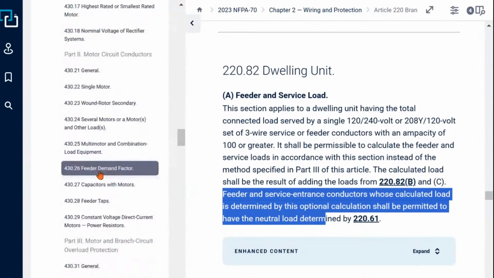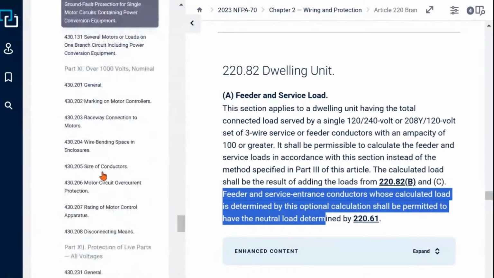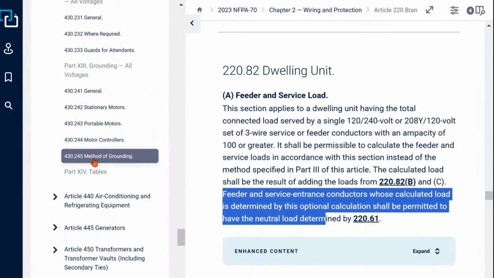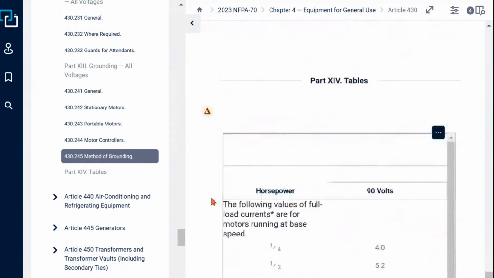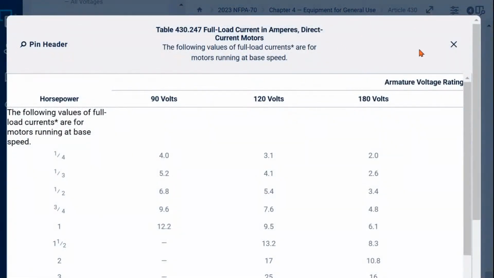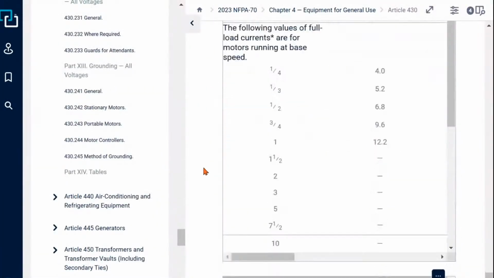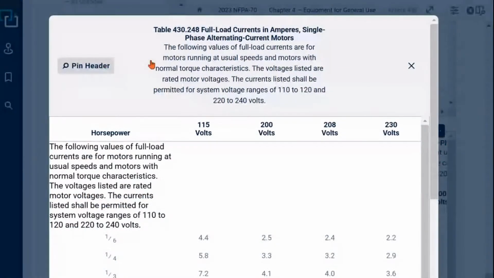On the electronic version, you got to scroll down and I got to cheat and go right here in order to be able to get there. Then it should go down, then we can see it here. So let's see here. Are we looking at, all right, so that's direct current. So 247 is not the one. 248. Let's see what that looks like. Okay, so this is Table 430.248.